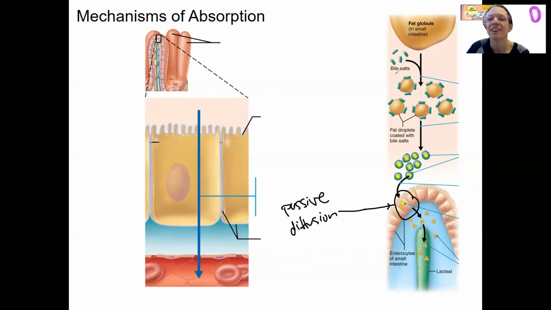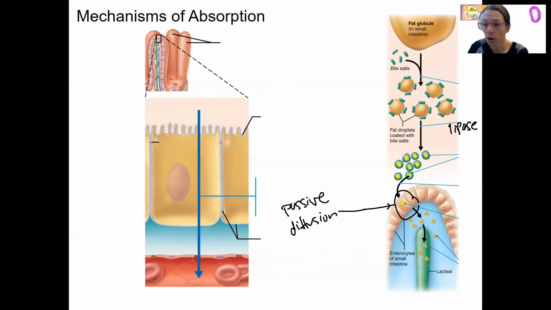You've seen this before. Bile salts emulsify the fats, allow lipase to access them. Pancreatic lipase chemically breaks down the triglycerides into smaller chemicals, fatty acids, for example, which then can diffuse through the phospholipid bilayer.